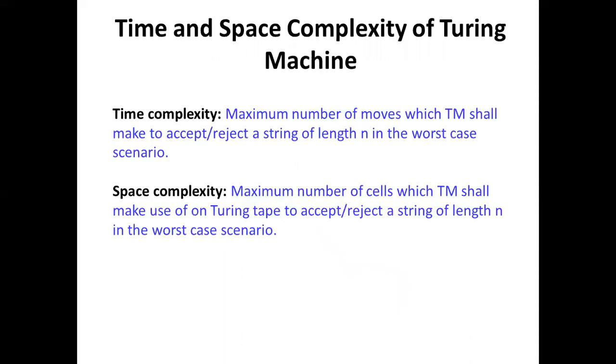Now the topic is the time and space complexity of a Turing machine. Time complexity is the maximum number of moves the Turing machine makes to accept or reject a string of length n in the worst case scenario. Space complexity is the maximum number of cells the Turing machine uses on the tape to accept or reject a string of length n in the worst case scenario.